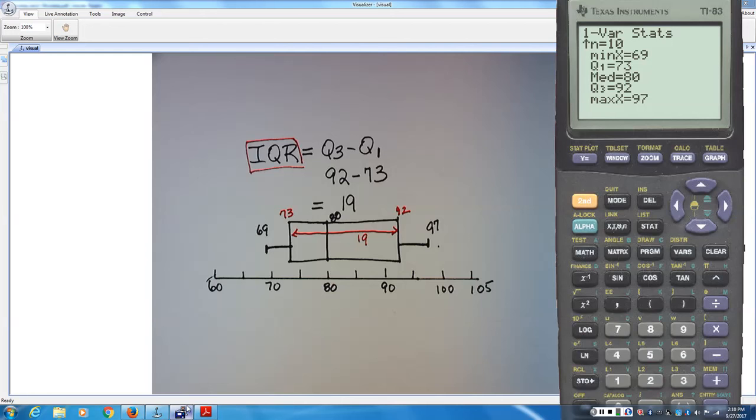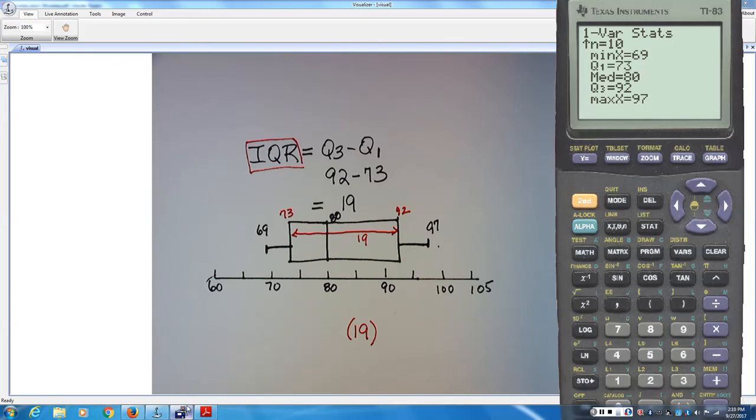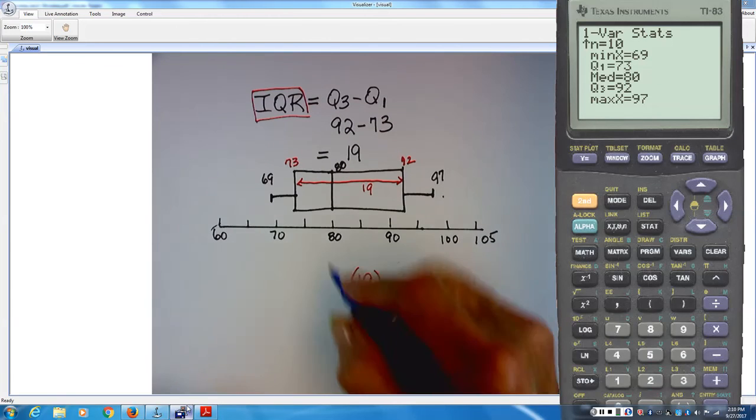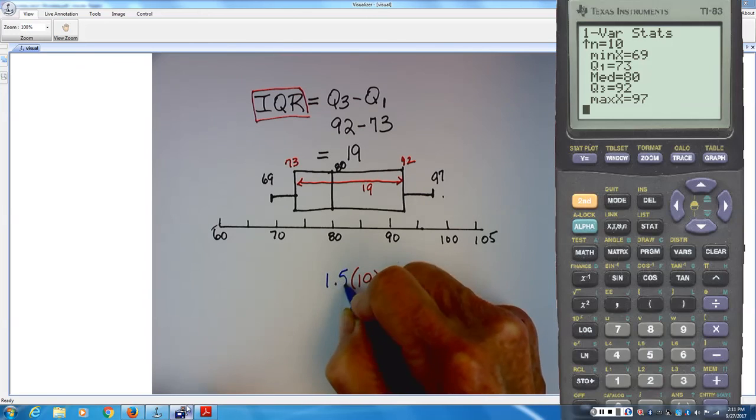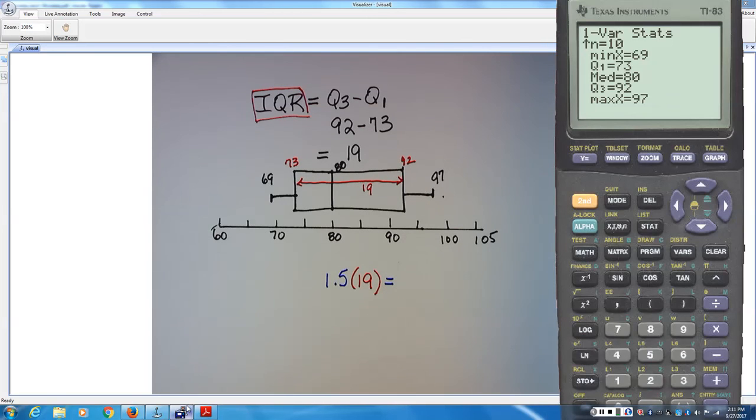It wants you to take the interquartile range, which is 19, multiply by 1.5, the 1.5 is part of a formula. It's 28.5.